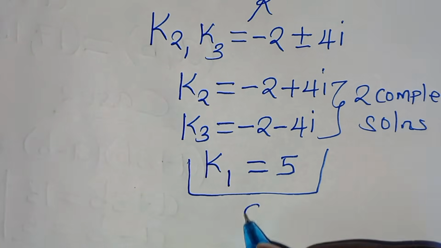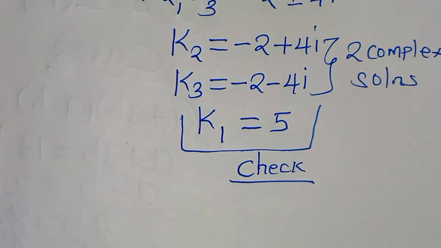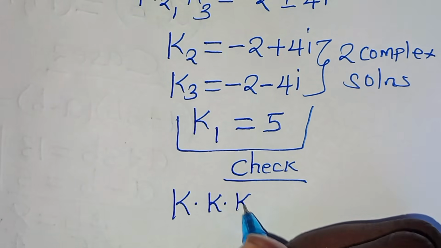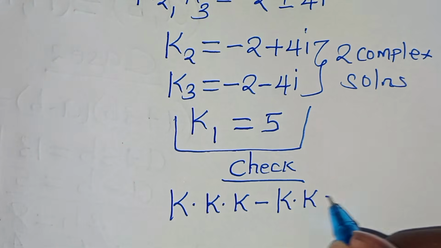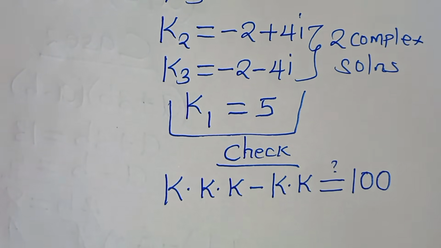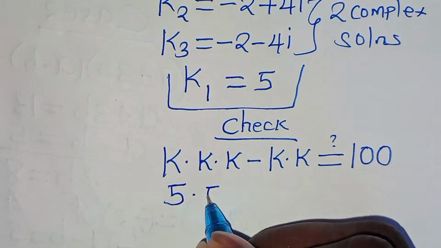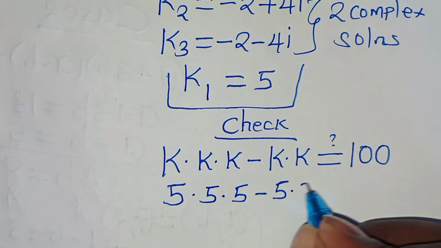Now let's check if this real solution here satisfies the equation. So we have that K multiplied by K multiplied by K, subtract K multiplied by K. This is supposed to give us a value of 100. So we have that this is 5 multiplied by 5 multiplied by 5, subtract 5 multiplied by 5.